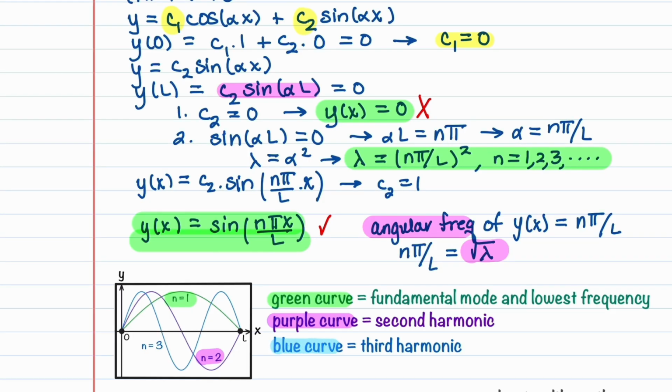And then the blue curve is when n is equal to 3, and that's the third harmonic. By solving this boundary value problem, we found the different shapes that our solution can take on. Those are the eigenfunctions, and then the natural frequencies associated with each shape, and those frequencies are related to the eigenvalue lambda.